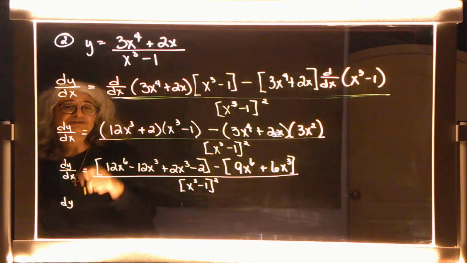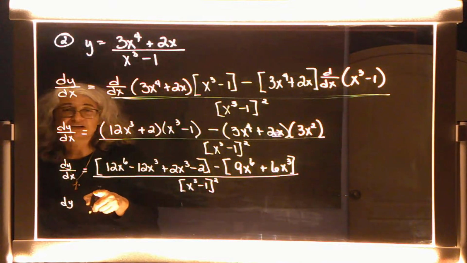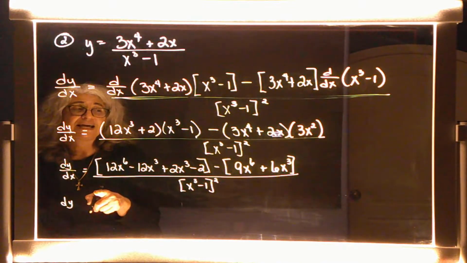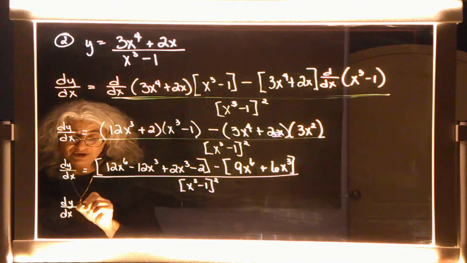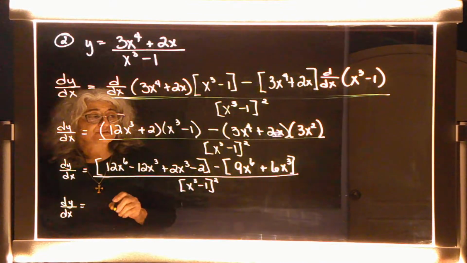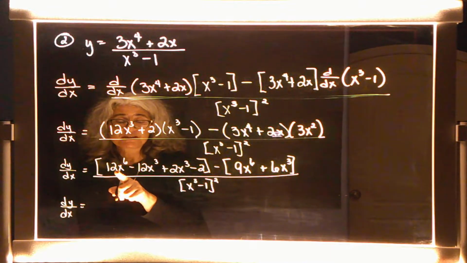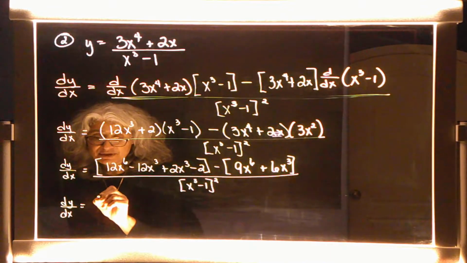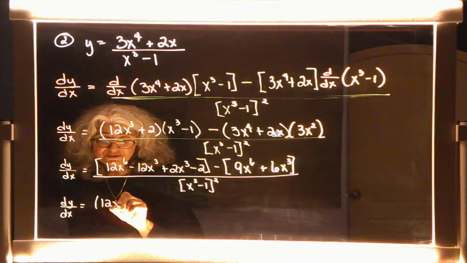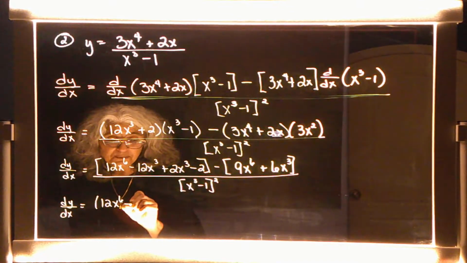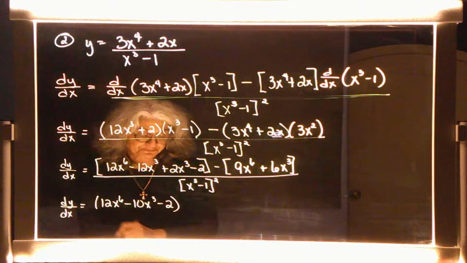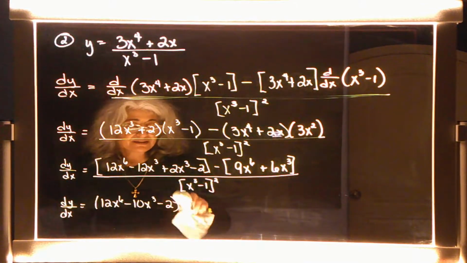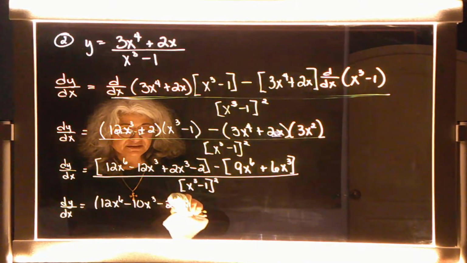From here down is all algebra, and you've got to be careful of your distribution and your distributing of that minus sign. So I'm going to be collecting some like terms first. So on this first bracket, I'm noticing I have a 12x to the 6th minus 10x cubed minus 2. And I don't need those parentheses. Why?